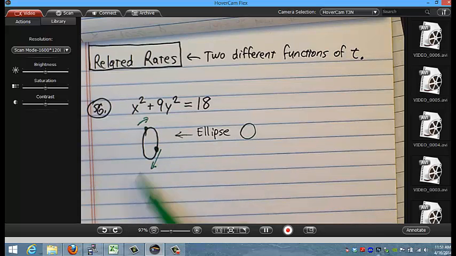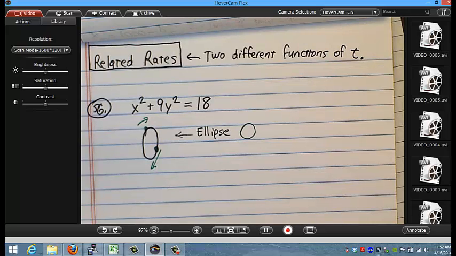Isn't it true that x is changing and y is changing as the planet moves? It is, right? X is changing and y is changing both. And so, I guess my question is, can we find an expression to tell me how x is changing and how y is changing?